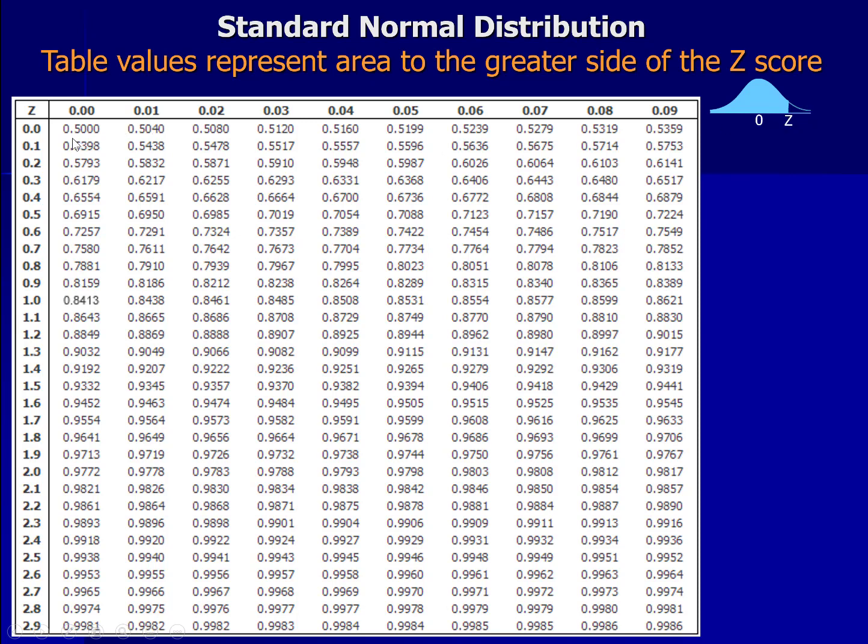That means if z is 0, this is 1. So from here to this is half of the curve. But if z increases up to about 3, it covers almost all, meaning 1.